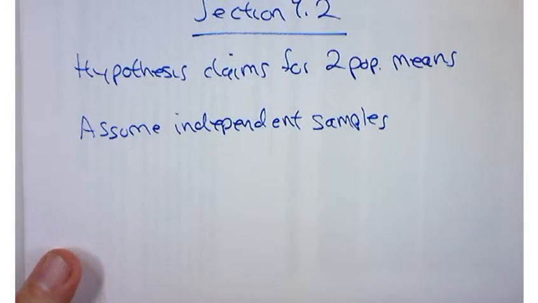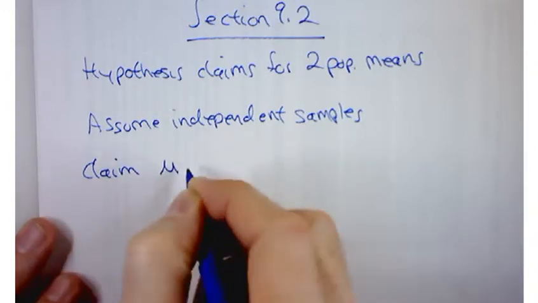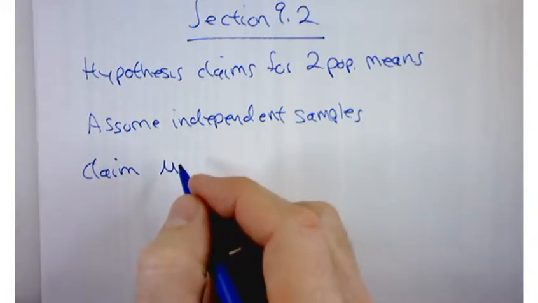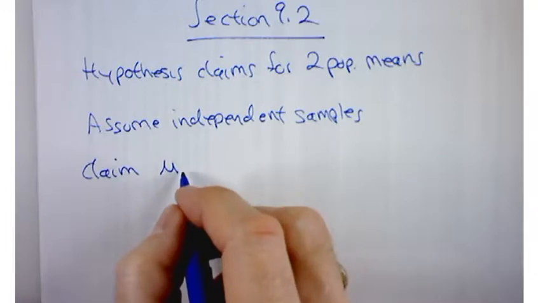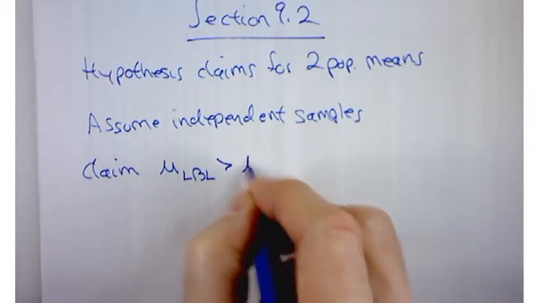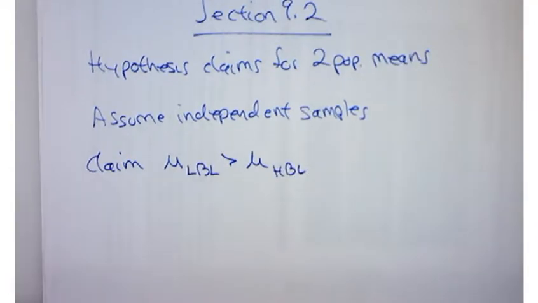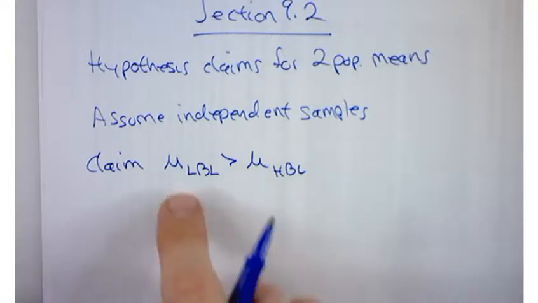The claim that we want to test is that the average IQ, that is mu, of people with low blood lead levels is greater than the average IQ of people with high blood lead levels. So that's the claim here that we're going to test.